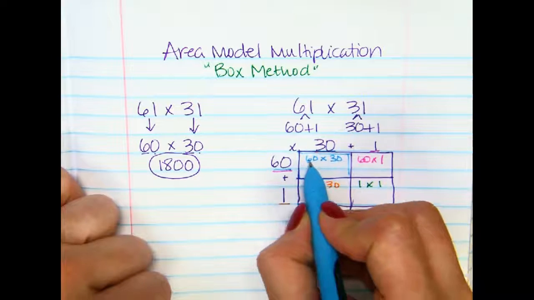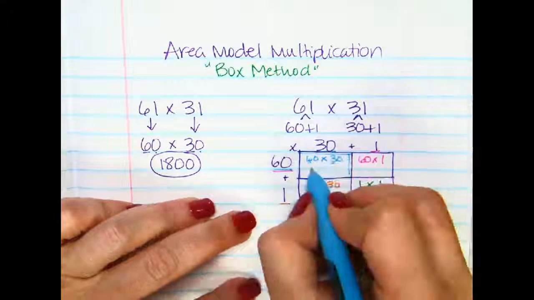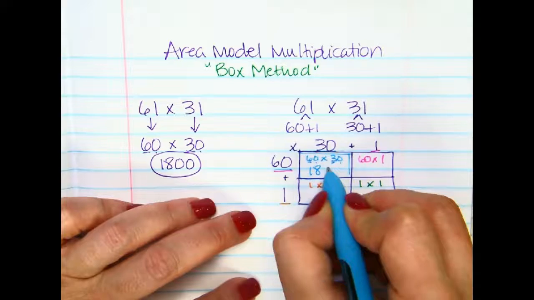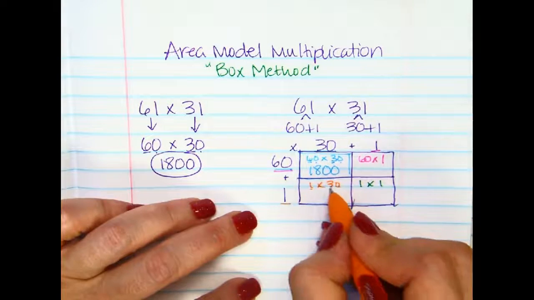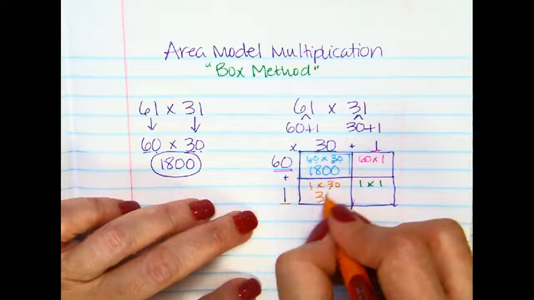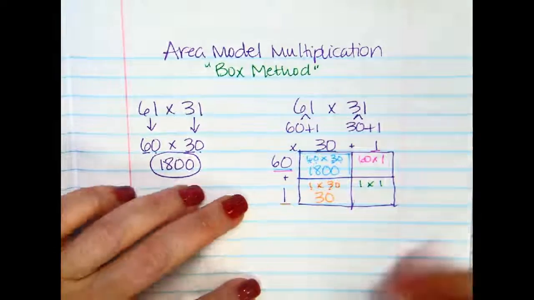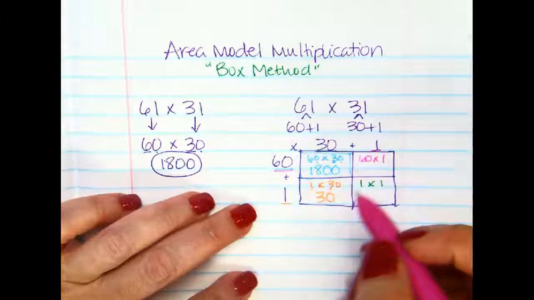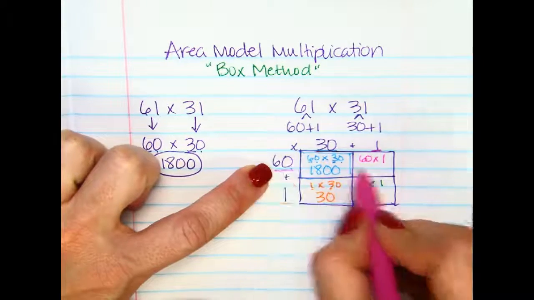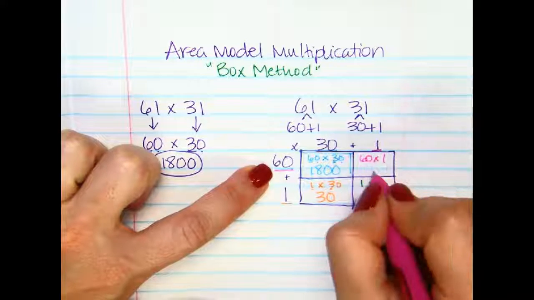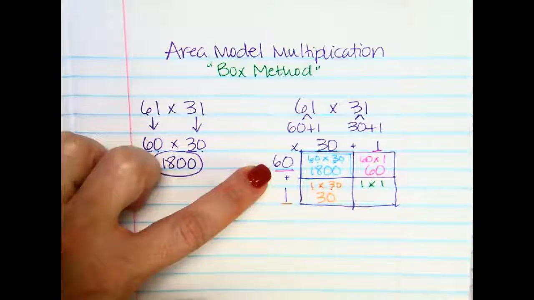So 60 times 30, basic fact is 18 with 2 extra zeros. Basic fact is 3 with an extra 0, but 1 times 30 is 30, of course. In this section, the value of the 6 in this number is 60 times 1, which is 60.